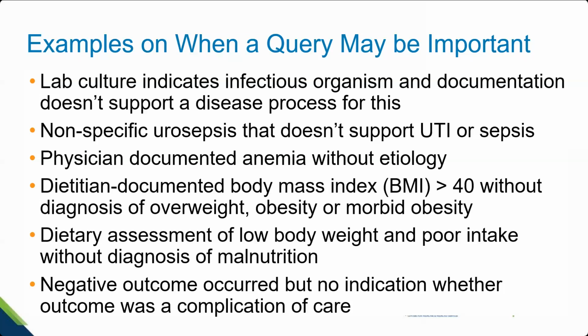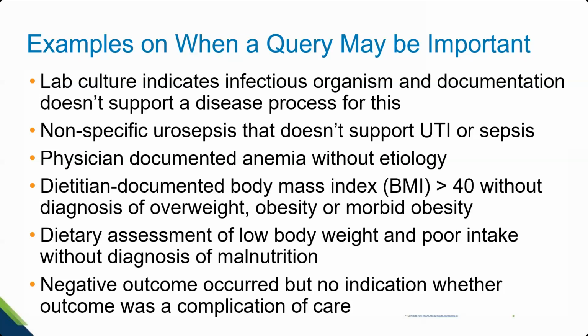So others, the physician has documented a diagnosis of anemia without etiology. The resident has a dietitian documented BMI or body mass index of greater than 40 without having a diagnosis of being overweight or obesity or morbid obesity. And then the others, the resident has a dietary assessment of low body weight and poor intake without a diagnosis of malnutrition or risk for malnutrition.